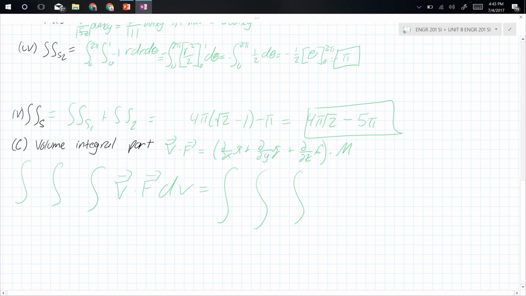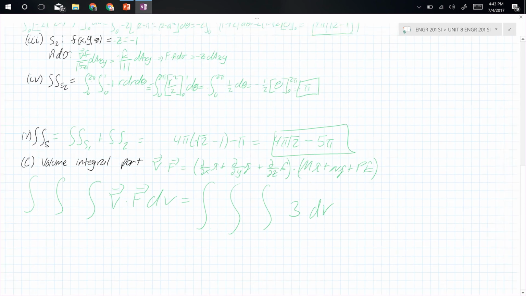This we dot with our Mi plus Nj plus Pk. In this case, it's x, y, and z. So then you do the partial of each of those, which is going to be 1 plus 1 plus 1. So you end up getting 3 dV.